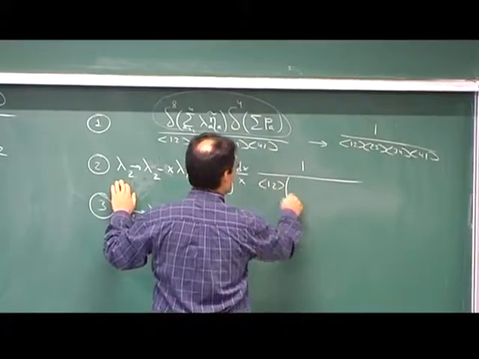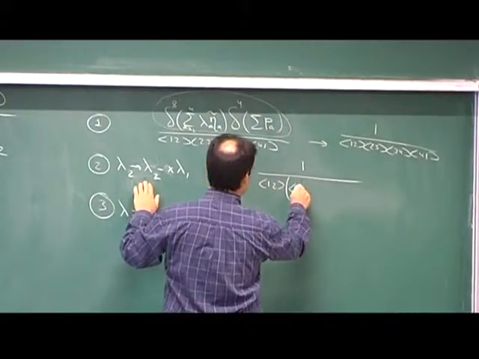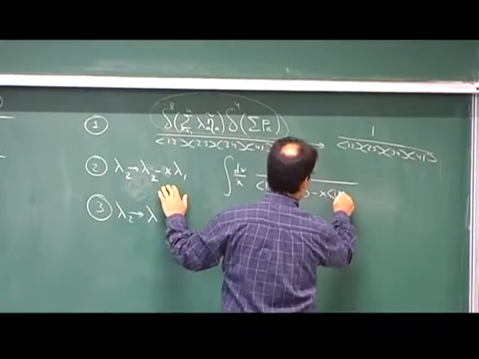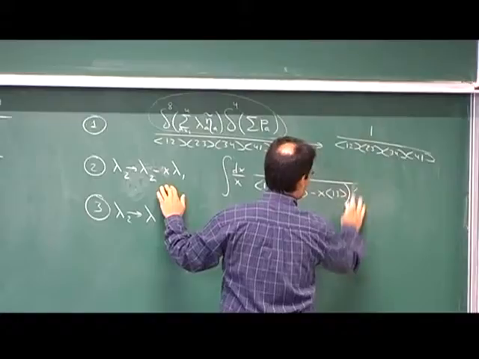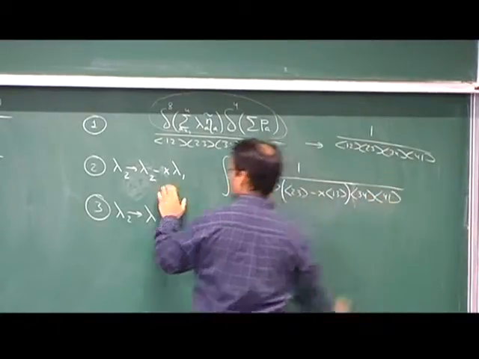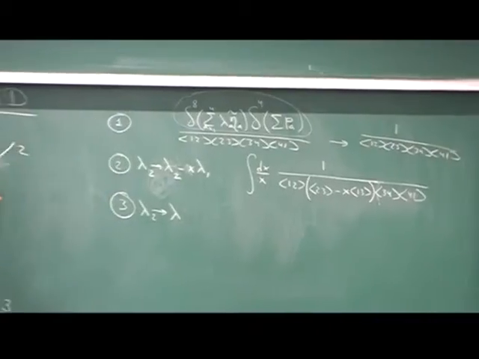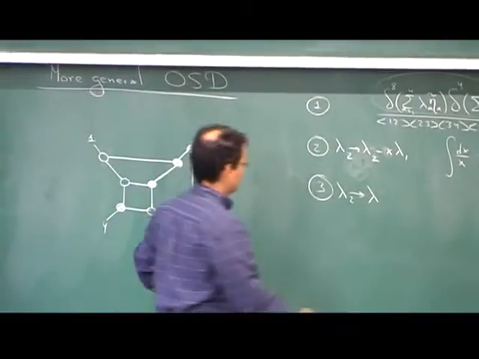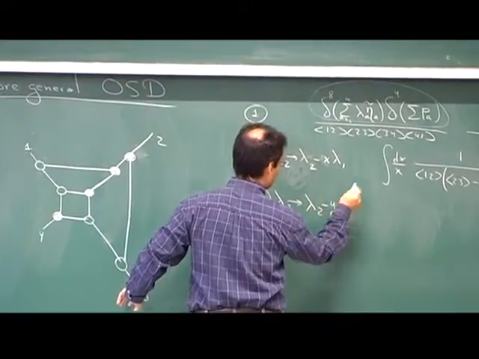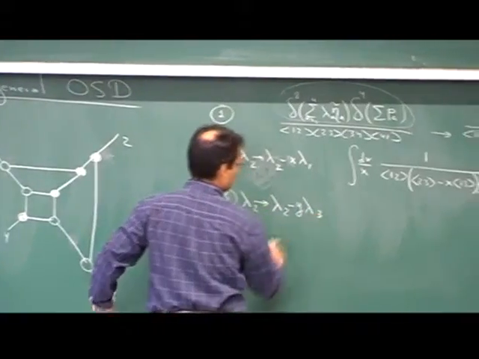That's not what I'm doing. So this is <2 3> minus x <1 3>, <3 4>, <4 1>. Now I'm shifting lambda 2 again, but shifted by 3. So let me shift it by a variable y, lambda 3.